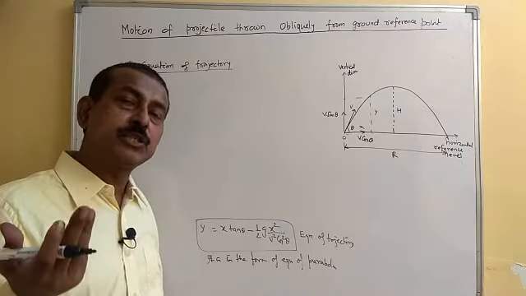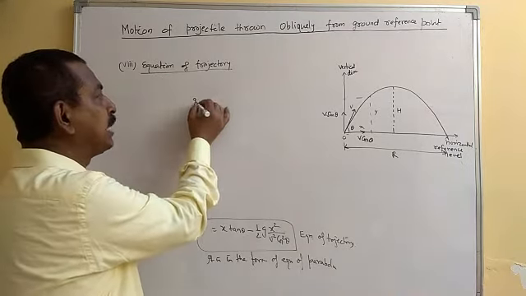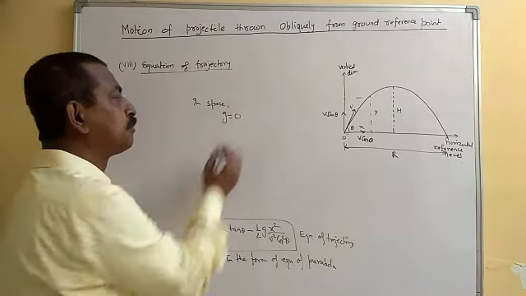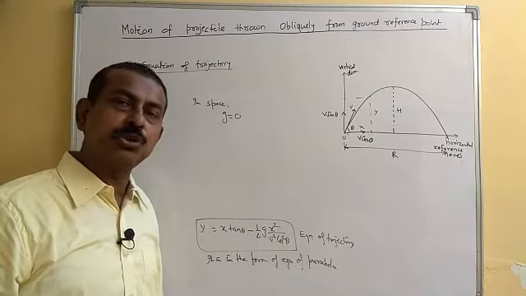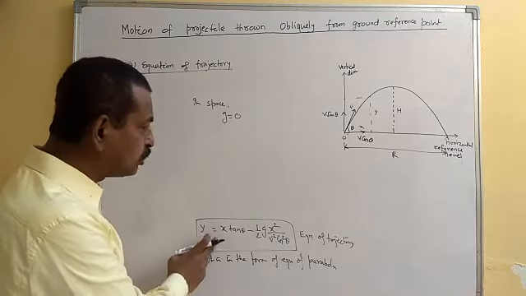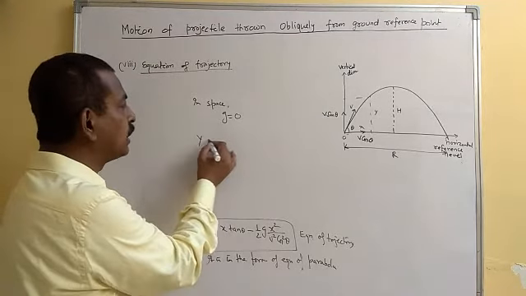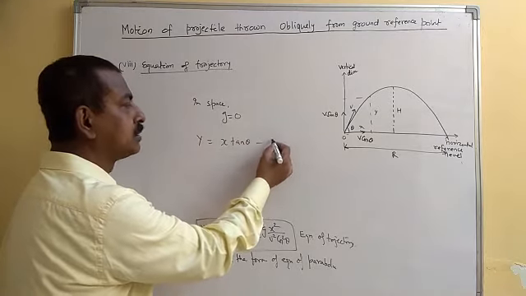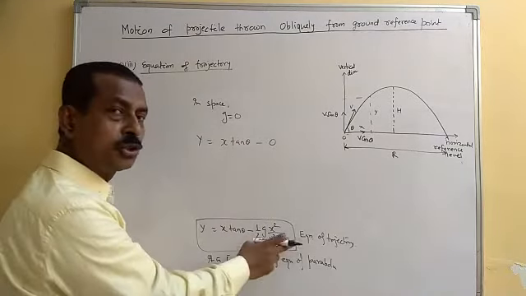Suppose we take it in space. In space, g will be 0, acceleration due to gravity will be 0 there. In that case, if you substitute here, then what we get? y equals x tan theta minus 0, because the last term will be 0 there.